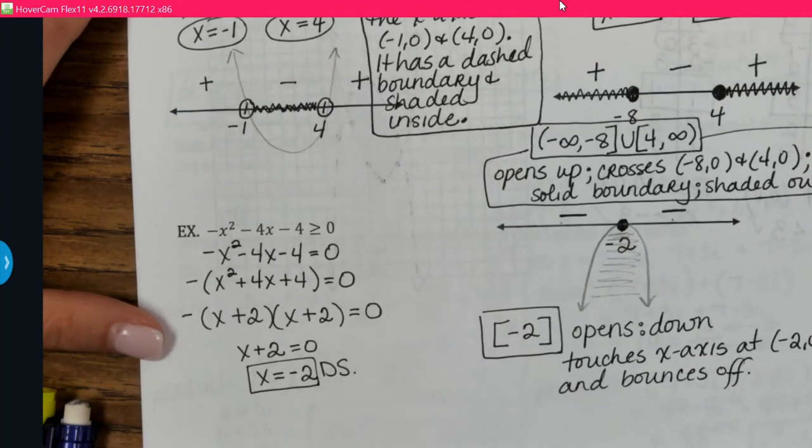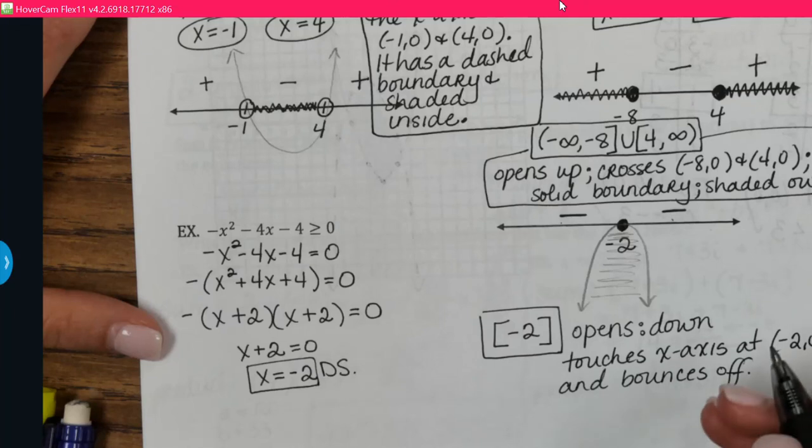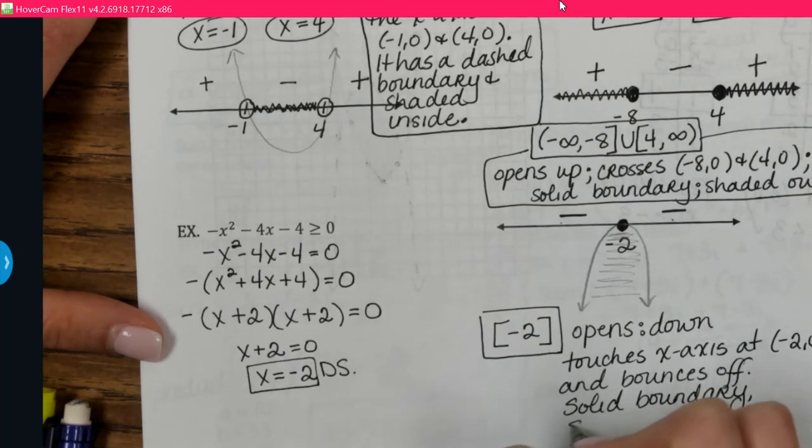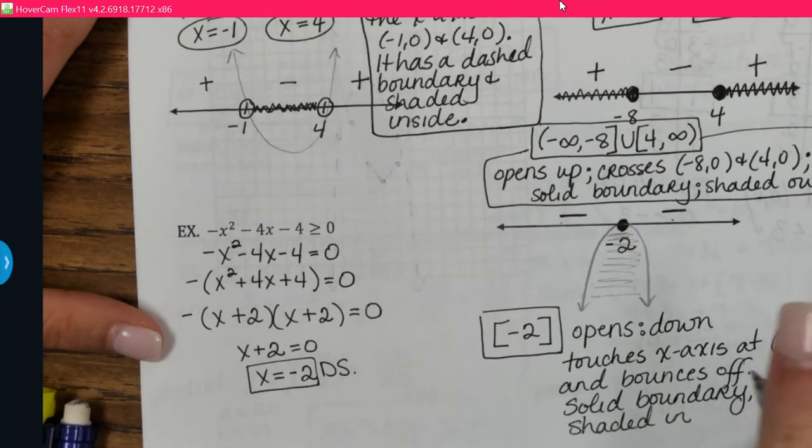Would it be dashed or solid? Solid. A solid boundary. And it's shaded in the middle. Or inside. It's shaded inside the parabola.